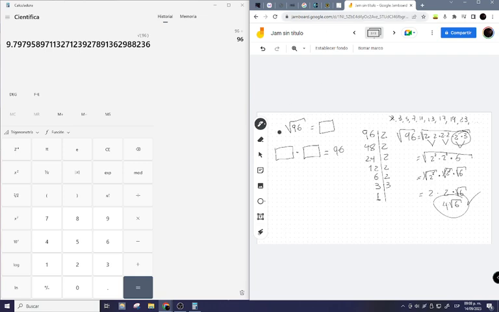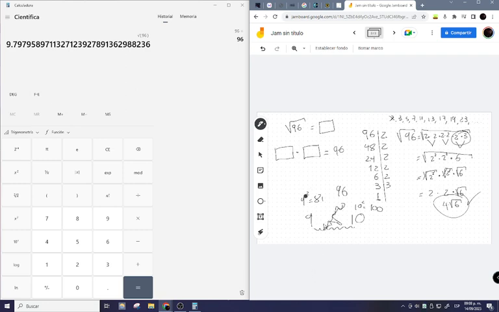But okay, we skipped, we like passed the 96. So we know it's between 9 and 10. It's over here because 9 squared is 81 and 10 squared is 100. So the 96 lies over here in a certain place.